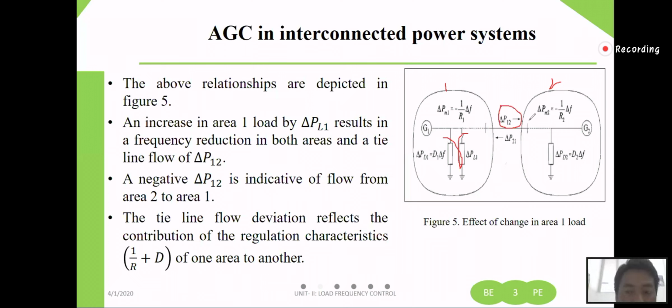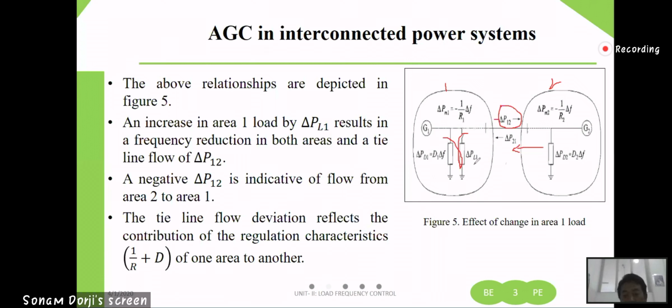Now let's see another case. If the sign is negative, it means power will flow from area 2 to area 1. I'm saying this just for your understanding. Now this tie line can be represented by this, the contribution of the regulation characteristic.